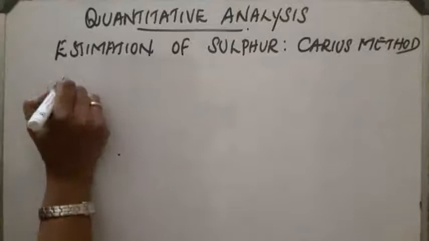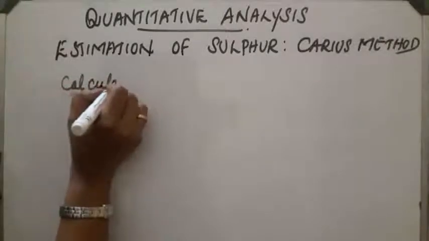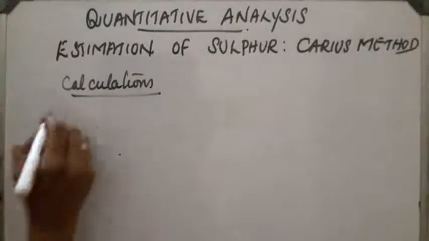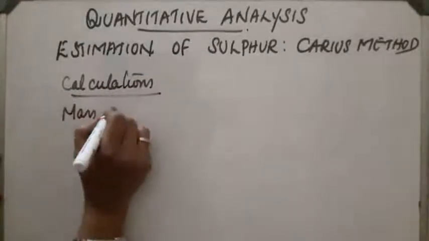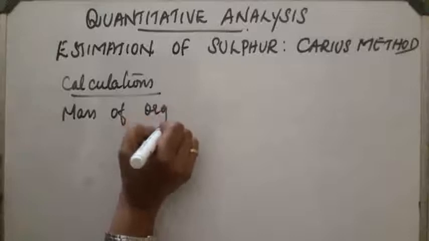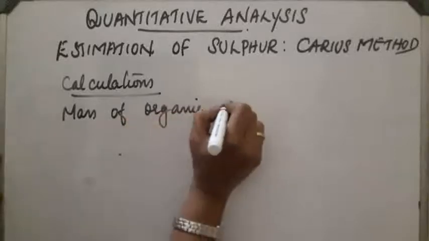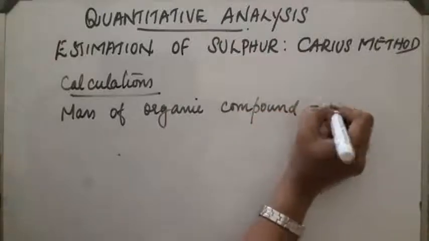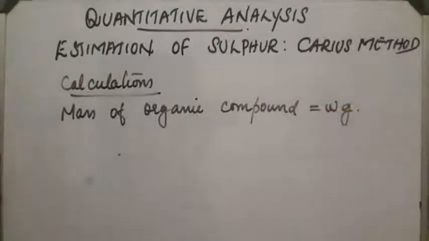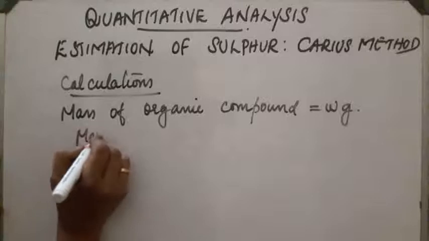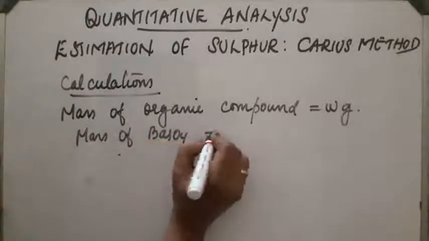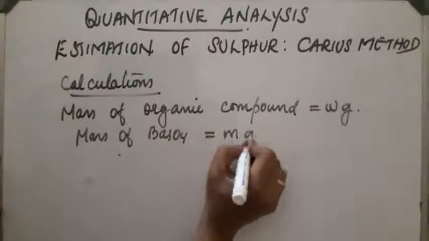Calculations. Let the mass of the organic compound taken be W gram. The mass of precipitate obtained, that is barium sulfate produced, let it be m gram.